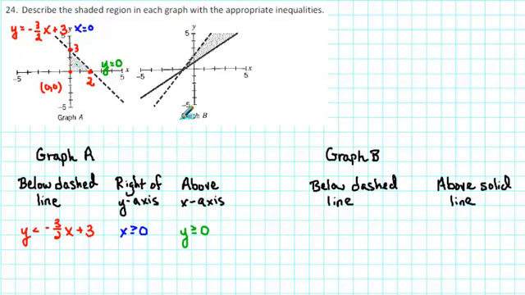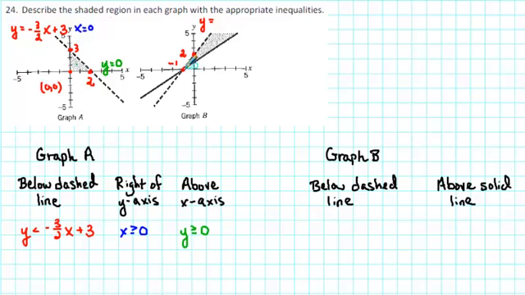We can find the inequalities that describe the shaded region in graph B similarly. Let's start with the dashed line. The x-intercept is -1 and the y-intercept is 2. So the equation of the dashed line is y is equal to the slope.